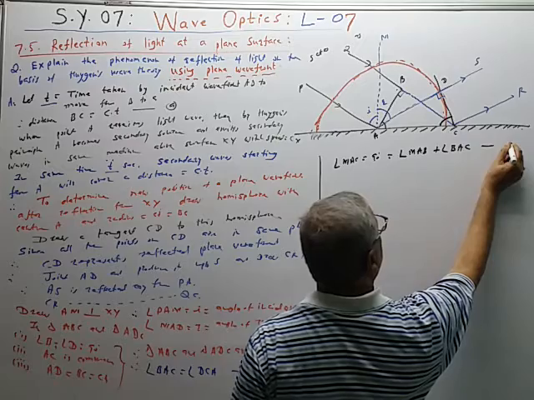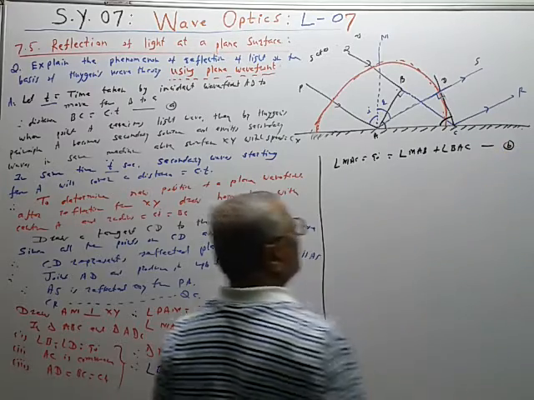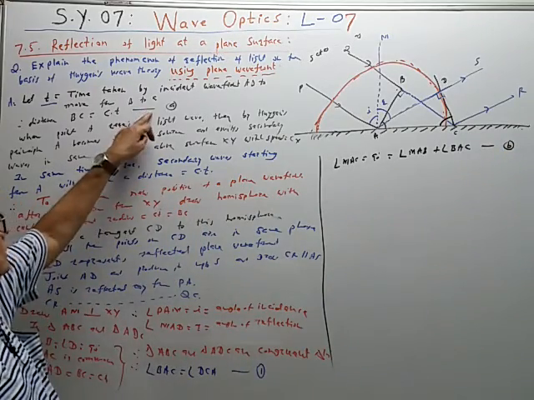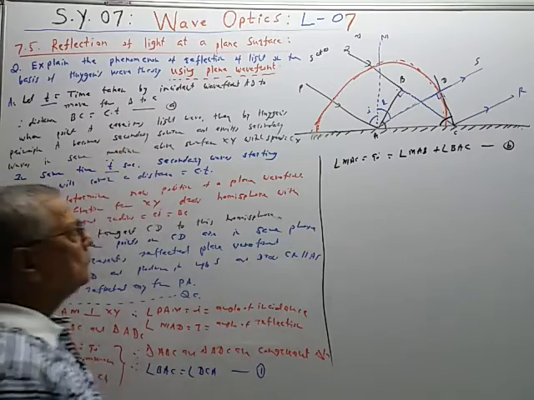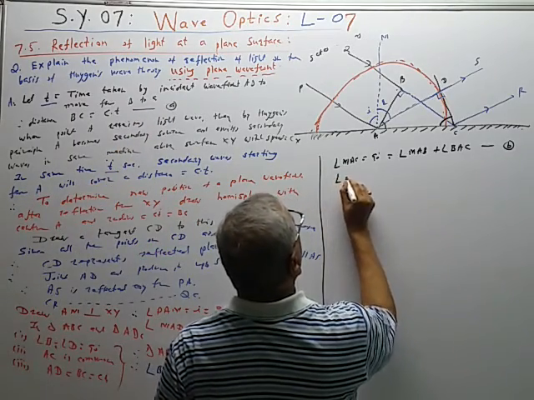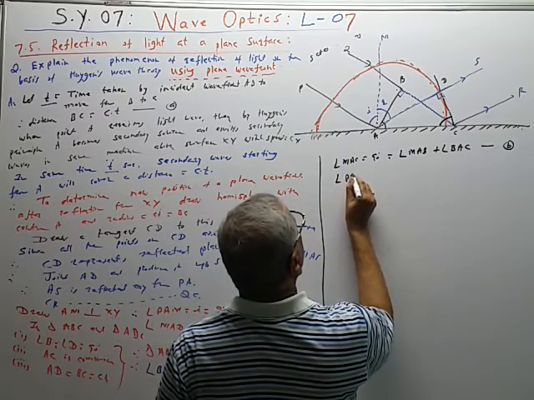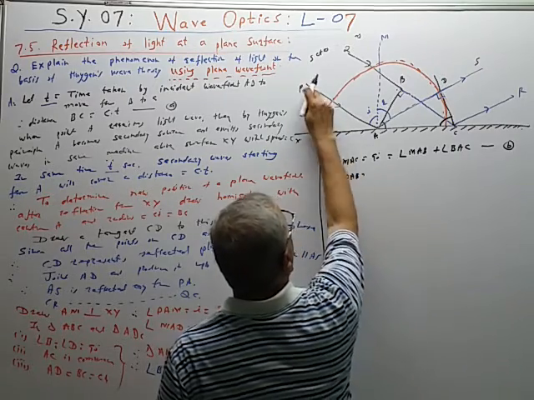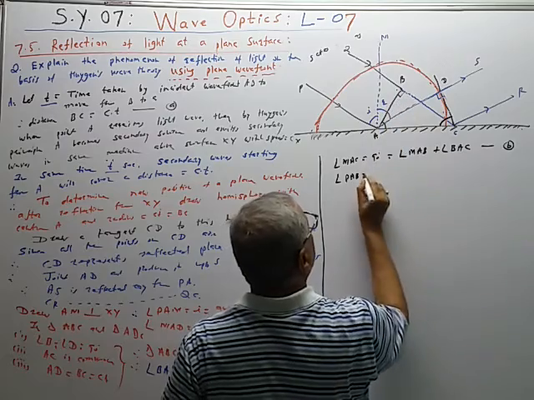This is equation B, because this is equation A. Now angle PAB is also 90 degree.